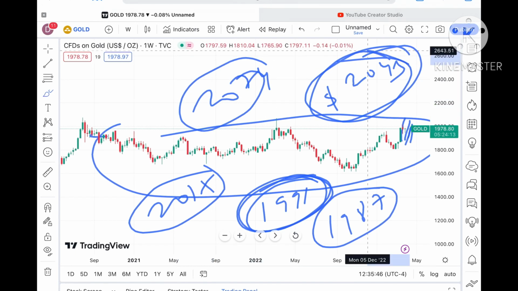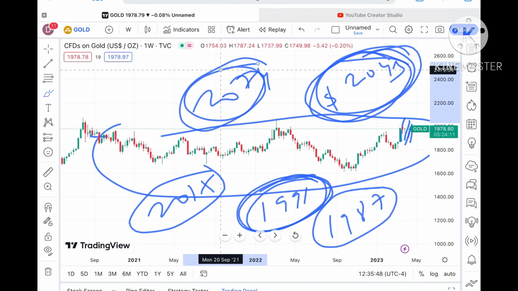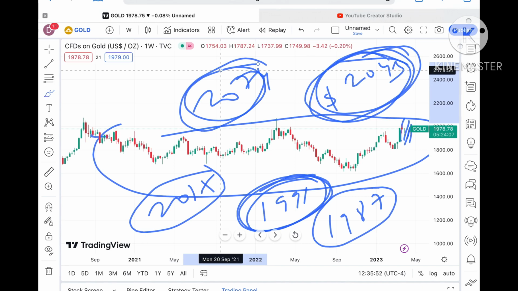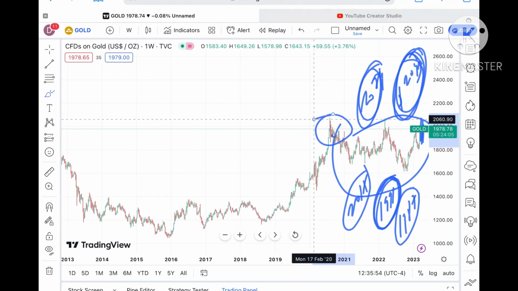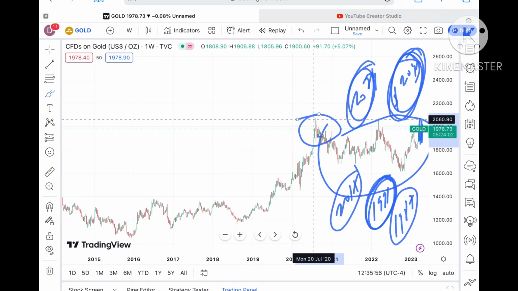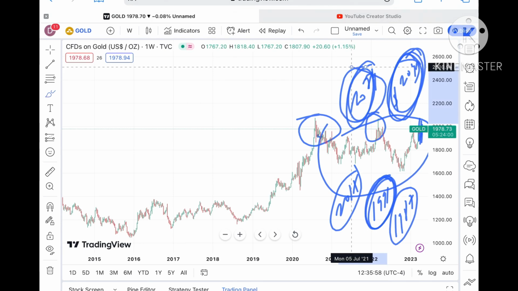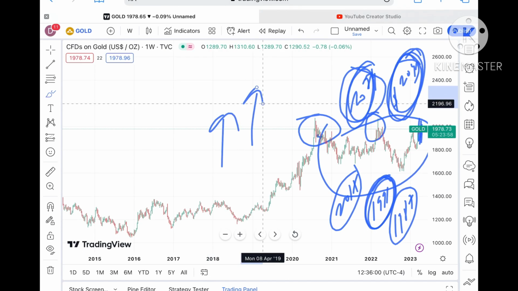Keep this in mind: once it sustains this level, chances of touching on the higher side are there, and it can touch 2074 and then further upside, because this level is already a weak resistance, so chances are high it can cross 2074.